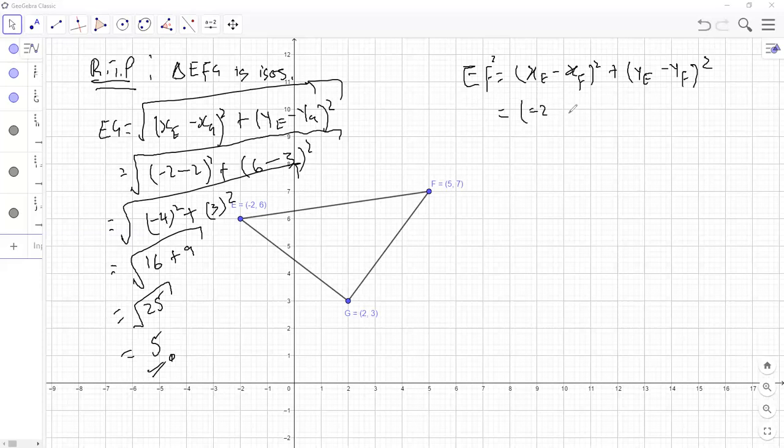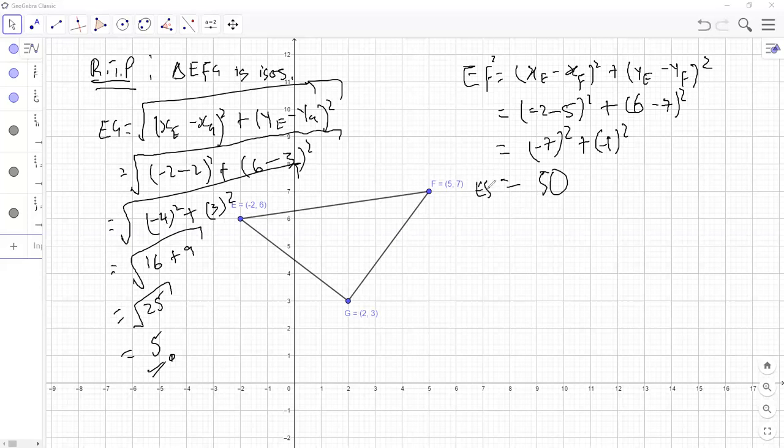This is -2. X at F is -5, all squared, plus y at E is 6. We know this one. And then y at F is 7. I have to square that. This is -7 squared plus -1 squared, which means we have here 49 plus 1, which is 50.